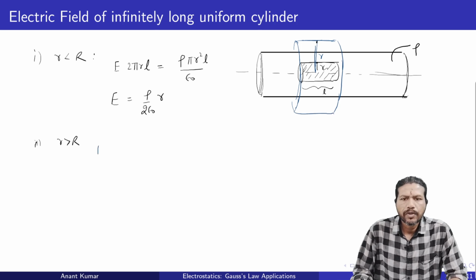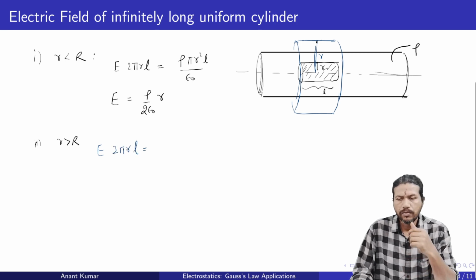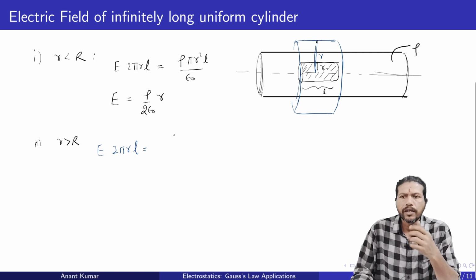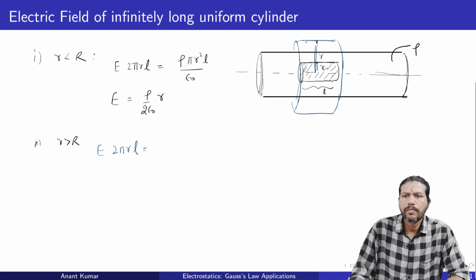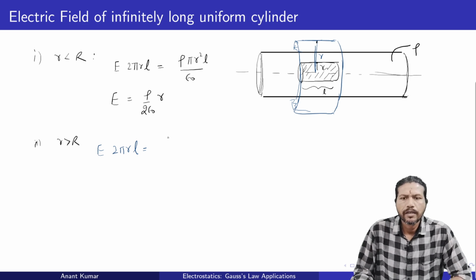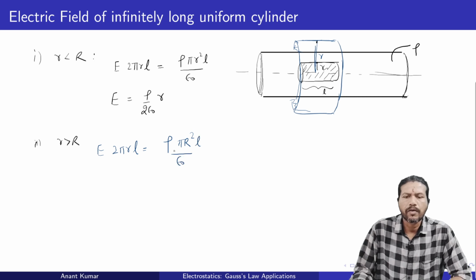This time if you compute the flux, it is still E into 2 pi r into L, but the charge enclosed now is actually only the solid cylindrical part, the outer portion of the Gaussian region doesn't have any charge over it. So the only charge is inside the cylinder. Therefore you should write down rho into pi capital R square into L by epsilon naught.